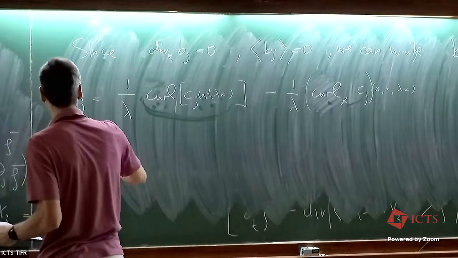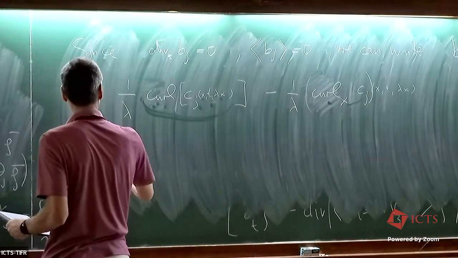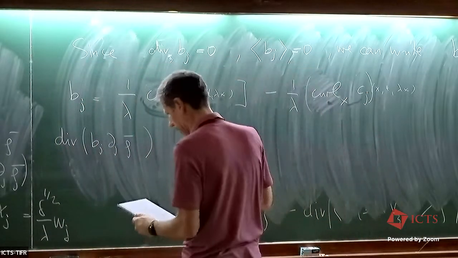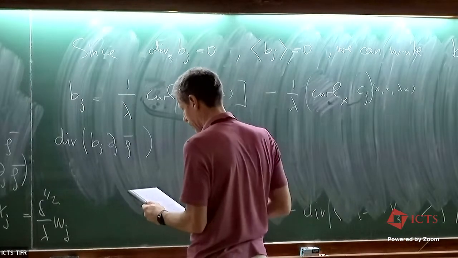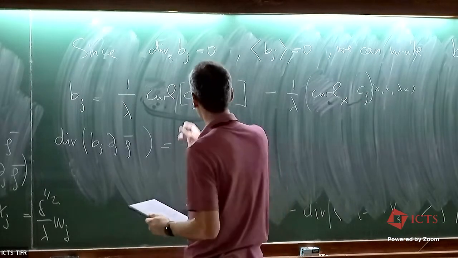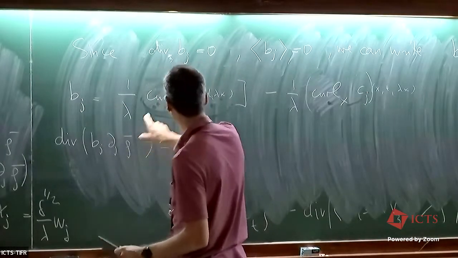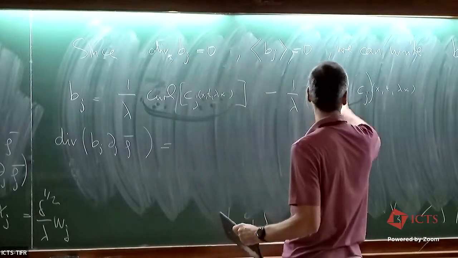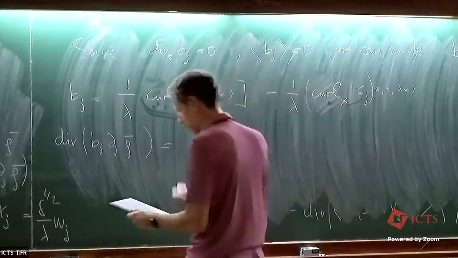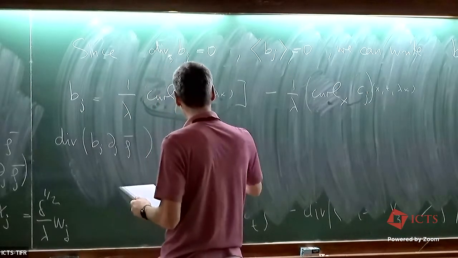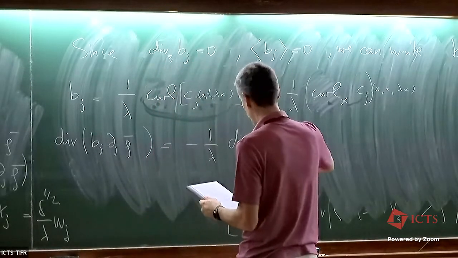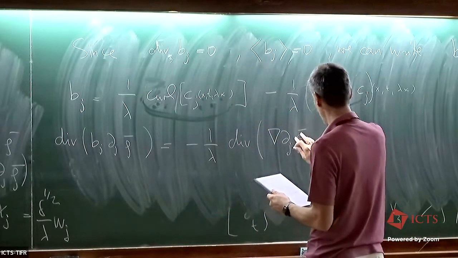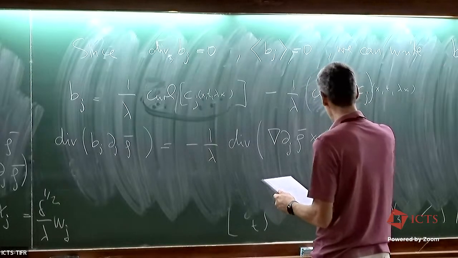Divergence of Bj dj rho bar is, well, okay, you see there's a product rule, but there's this curl, for instance, so this part is already divergence free, and then there is a term with a 1 over lambda, so certain things cancel, and what you get is minus 1 over lambda divergence of gradient dj rho bar cross Cj.